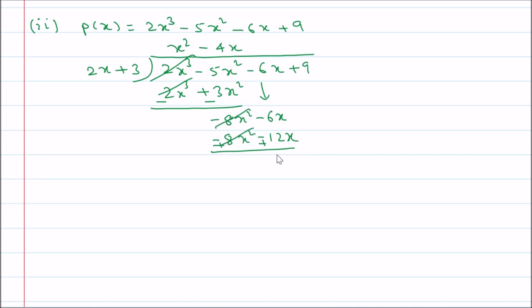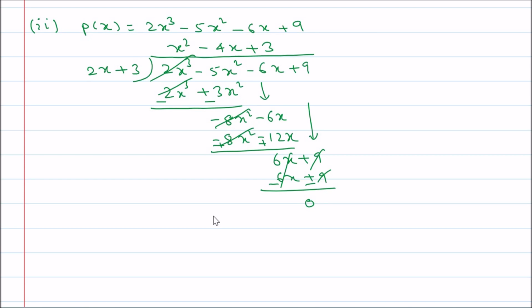So 12 minus 6, 6x. Bring down 9. Next term will be plus 3, because 3 times 2 is 6x and 3 times 3 is 9 here. Minus cancel out. So remainder is 0.